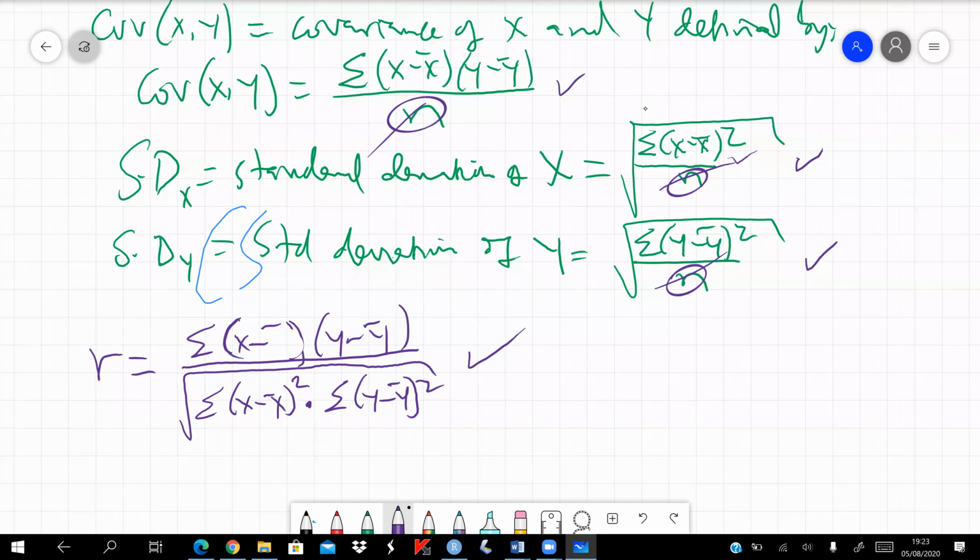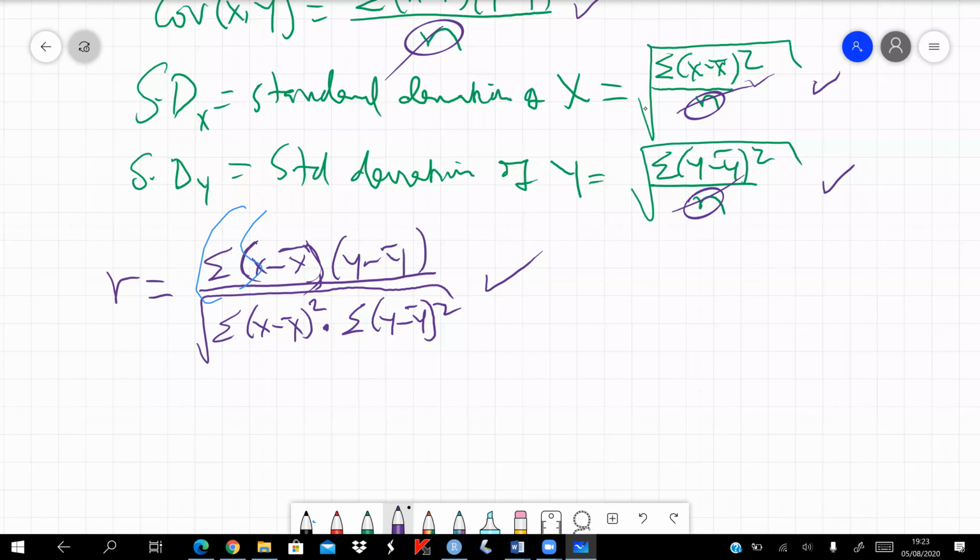So X minus X bar, like that. Okay, so we note that r is a number between +1 and -1.